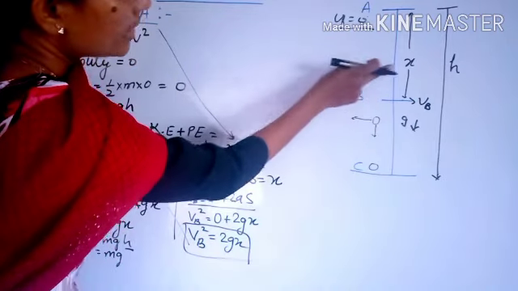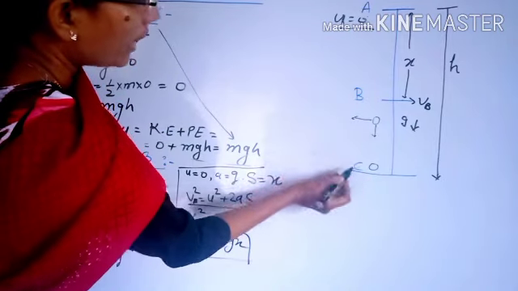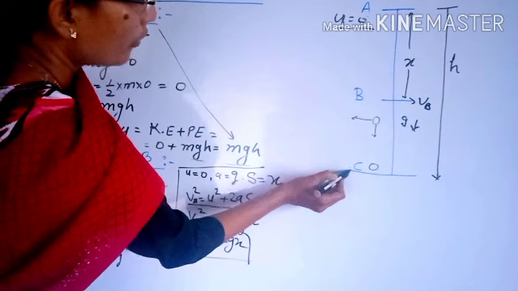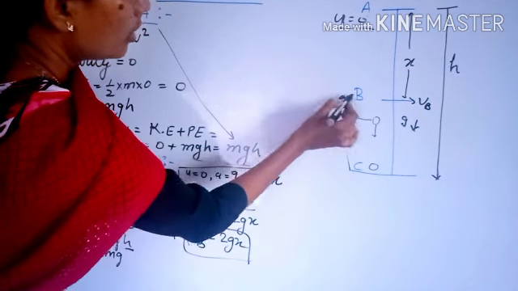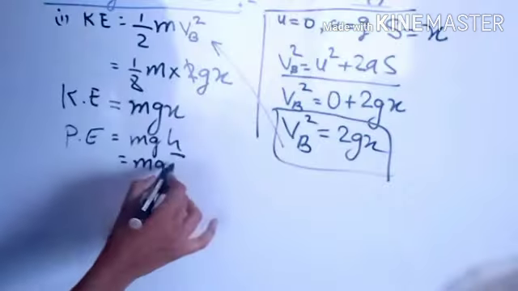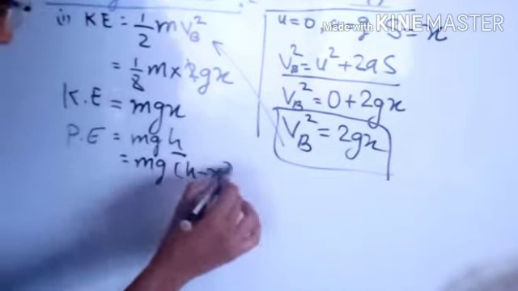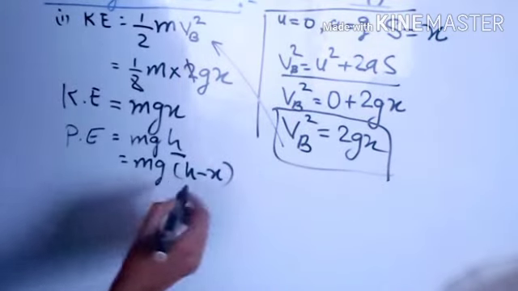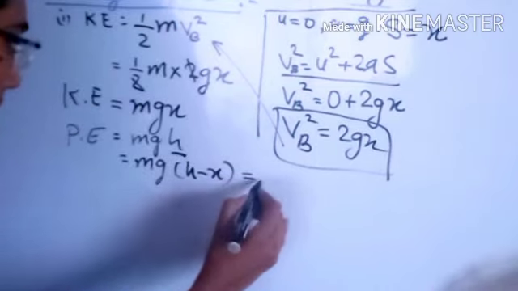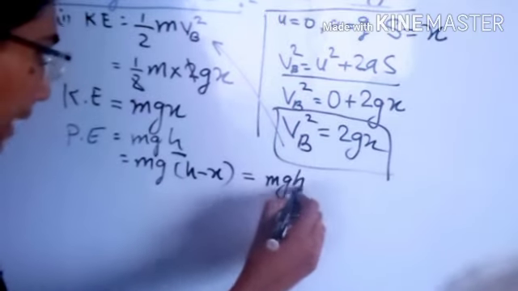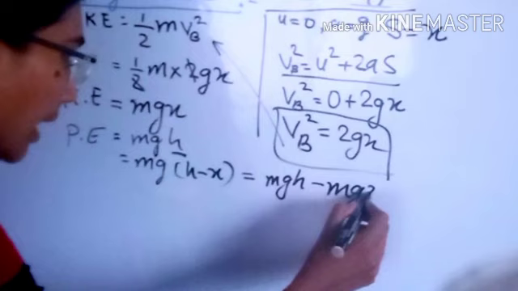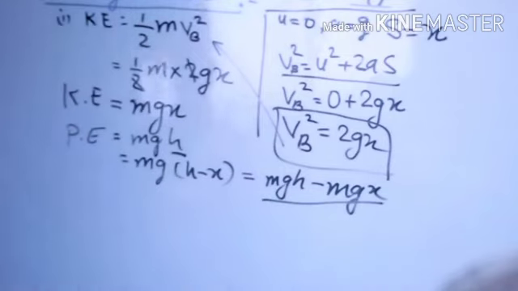From A to B it is x. So the height of the object from the ground to B is equal to h minus x. So this is equal to mgh minus mgx. This is the potential energy.